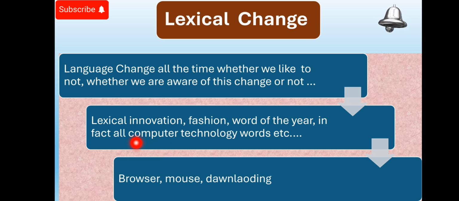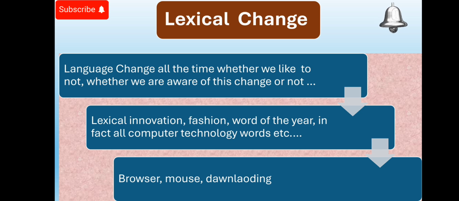So lexical innovation, fashion word of the year, in fact all computer technology words, etc. These are the causes of lexical change because we are living in the 21st century, the century of information technology, internet, computer technology, advancement in medical science, advancement in technology.